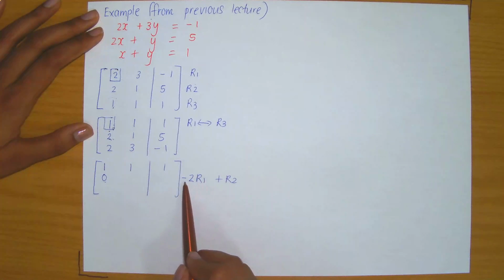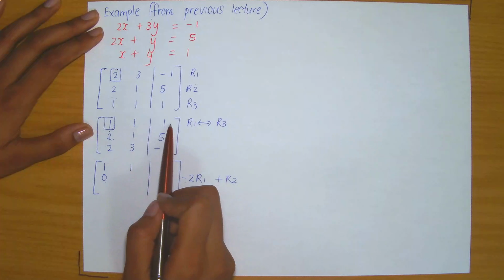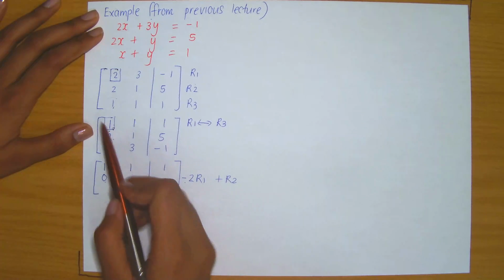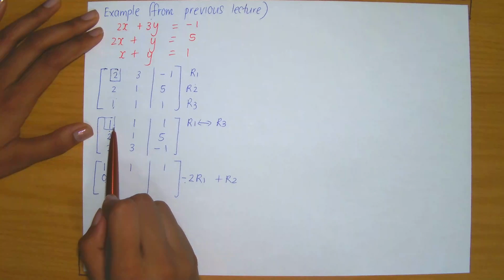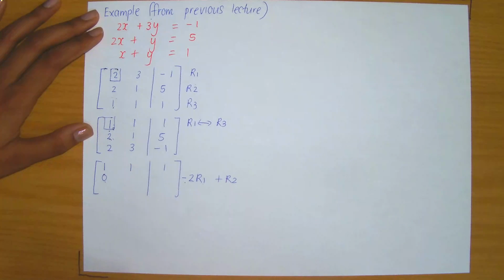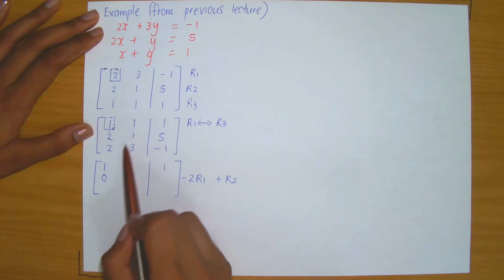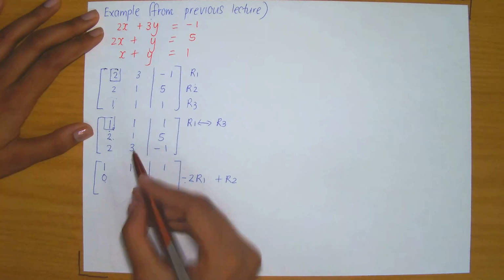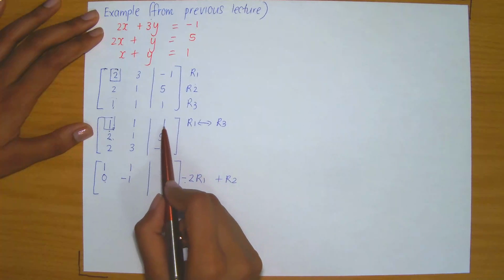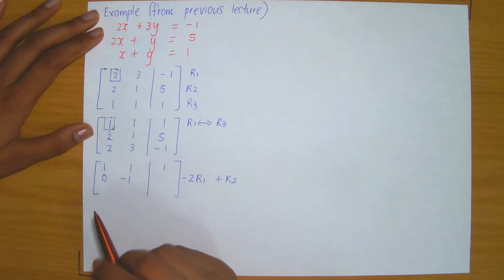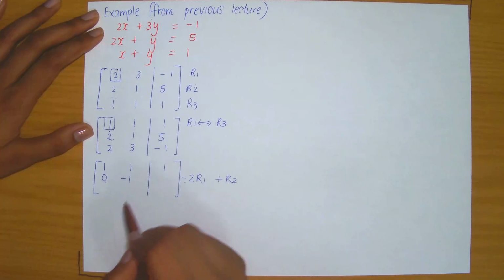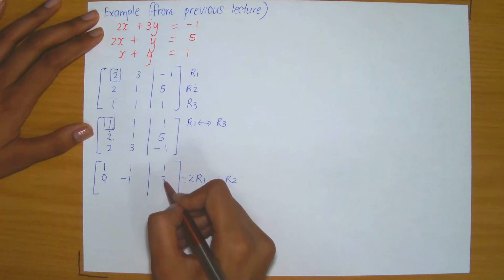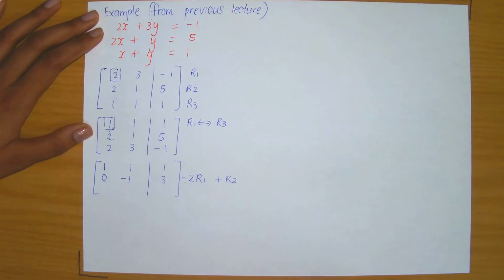Take negative 2, multiply it to row 1, and then add it to row 2. Minus 2 times 1 added to 2 gives me 0. Repeat the procedure. Minus 2 times 1 added to 1 gives me minus 1. Minus 2 times 1 added to 5 gives me positive 3. Right, so this is what we have.